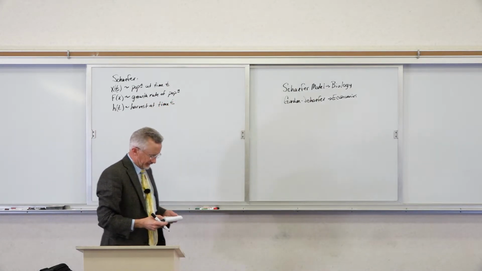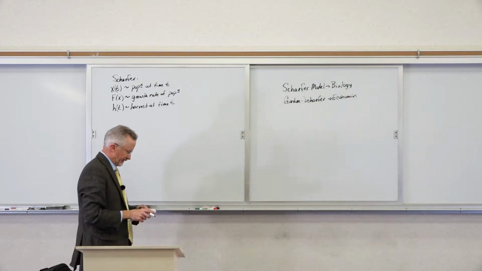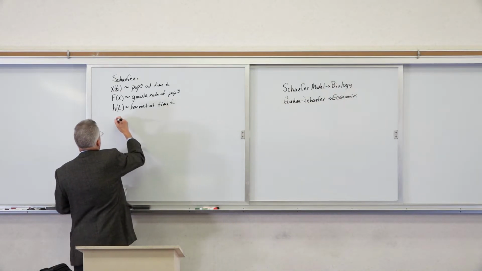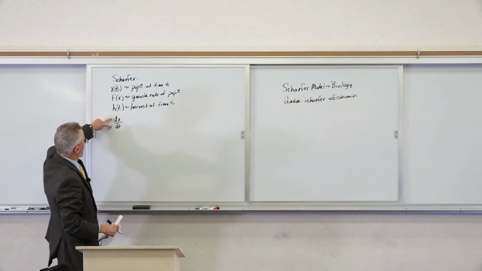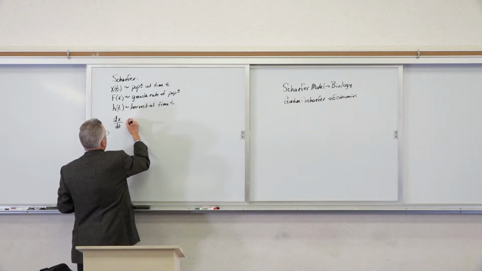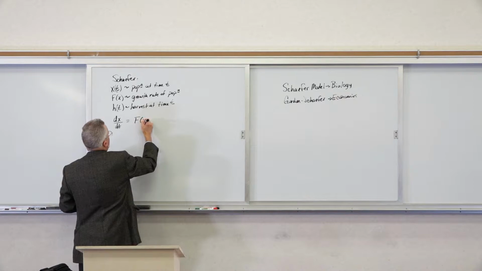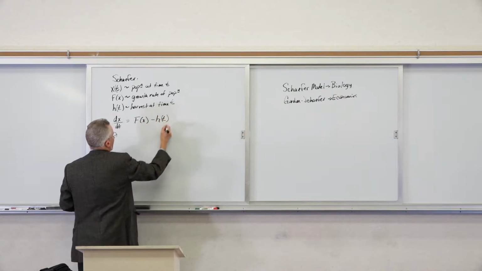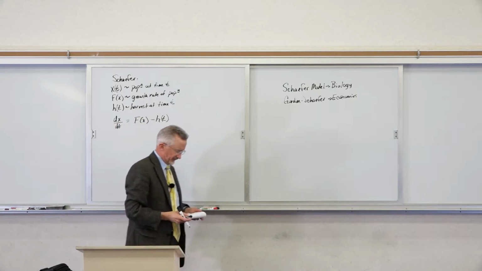Okay. Great. Actually, you could call that the rate of harvest. And that means that dx/dt, the change of population over time, will be equal to that natural growth rate minus whatever we take out at that point, right?